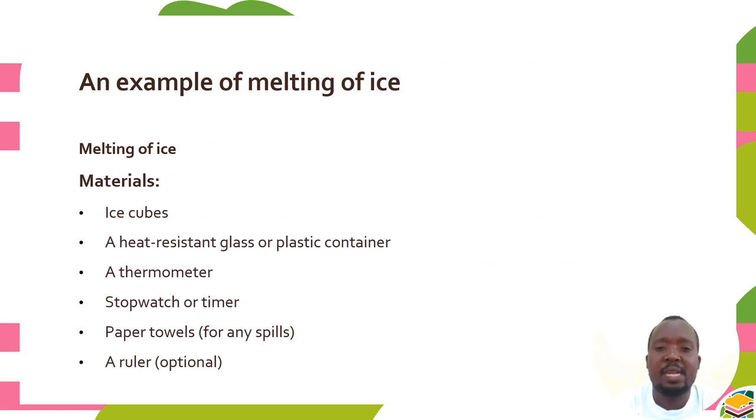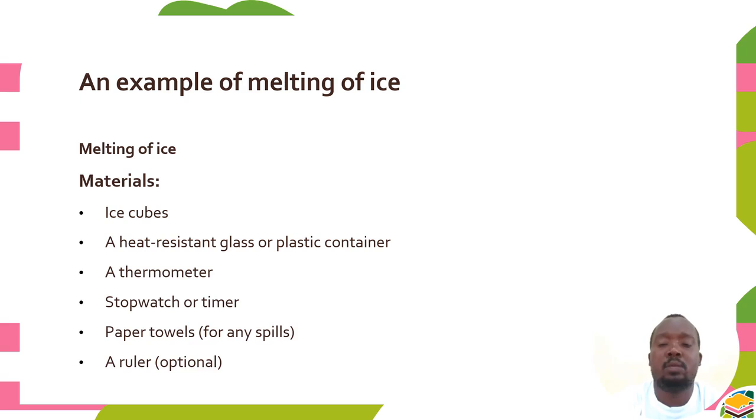A good example is the melting of ice. I will take you through what happens as ice is melting, giving you a description of what really happens, so that we can learn what exactly happens.